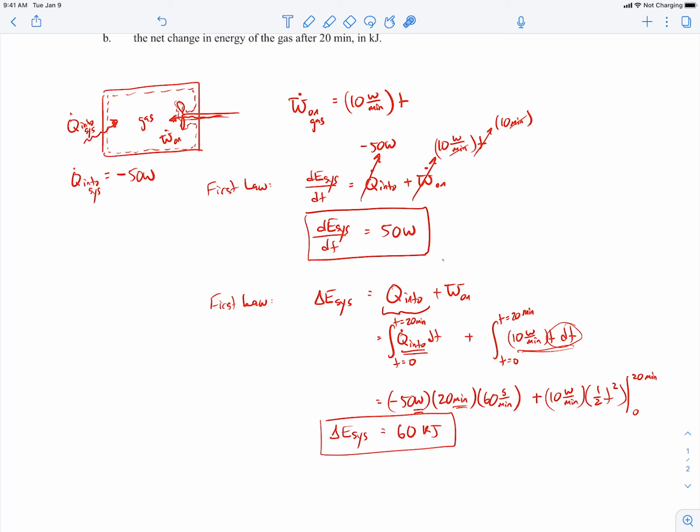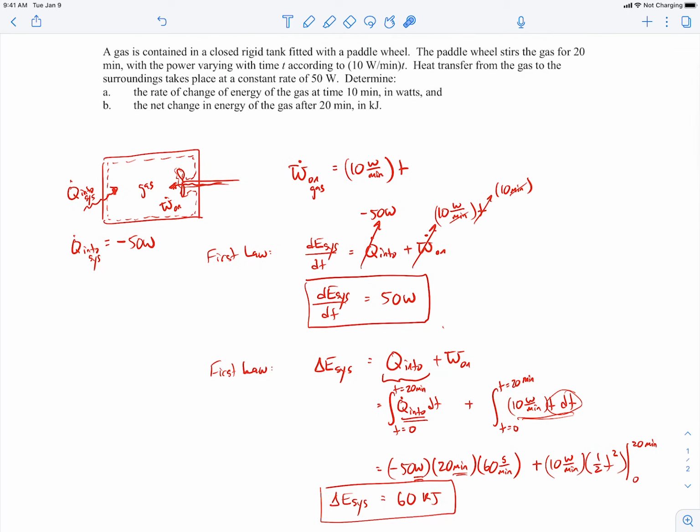Okay, so both parts of this problem involve applying the first law. The first one involves just the rate form of the first law. The second one involves the before and after form of the first law. The things to be careful of are making sure you get the correct sign on the rate of heat transfer term, being a little careful with some units when you do the power term.